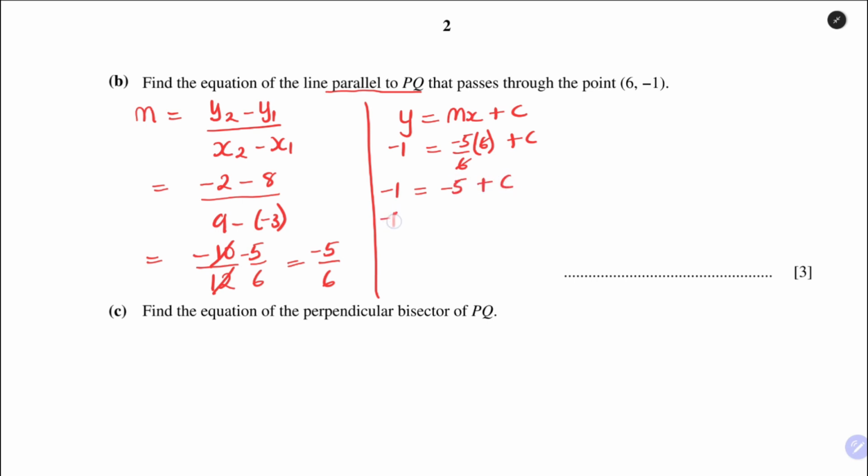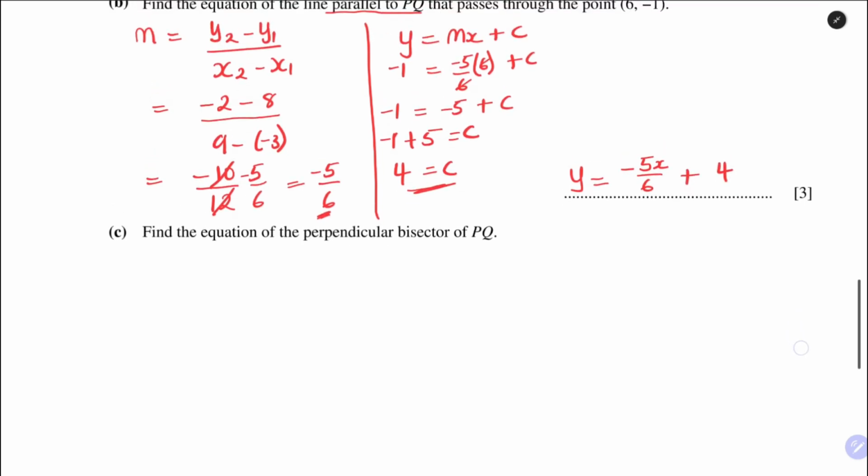So minus 1, the minus 5 crossing over becomes plus 5, equals c. Minus 1 plus 5 is 4, so our c is 4. Putting all the details together with m being minus 5 over 6 and c being 4, our equation is y equals minus 5x over 6 plus 4.